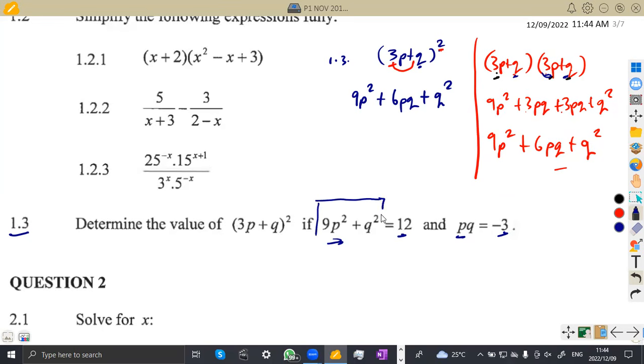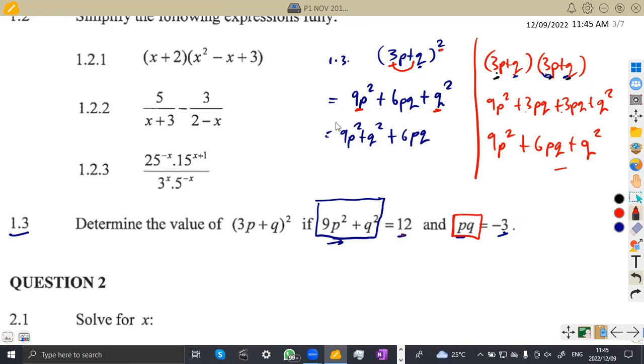Okay, so from that part, you are supposed to now get back to this information that you're given, because you are given that 9p squared plus q squared is equivalent to 12, so you are supposed to write this expression in this format. So you've got 9p squared plus q squared here. So we can rewrite this expression as 9p squared plus q squared, then we write 6pq at the end, because we are given pq is equivalent to negative 3.